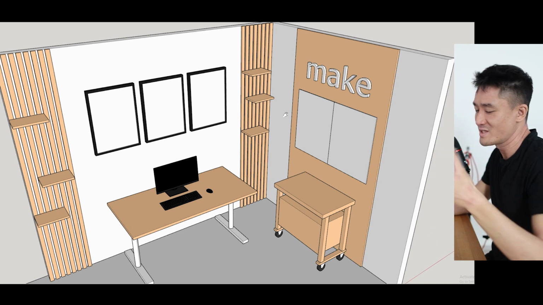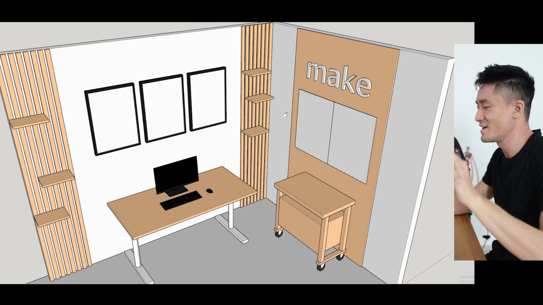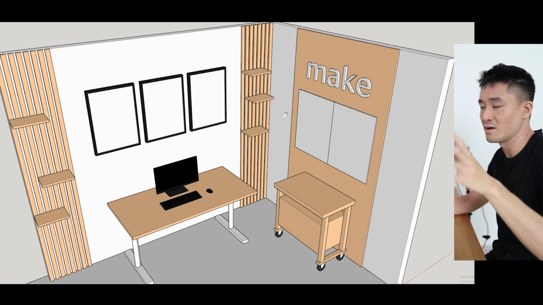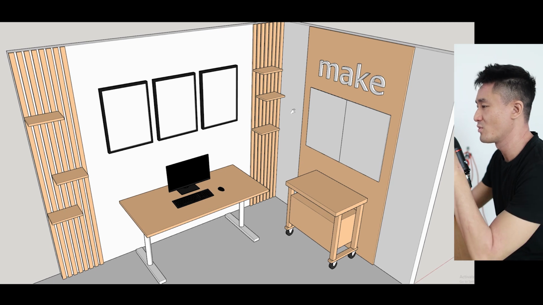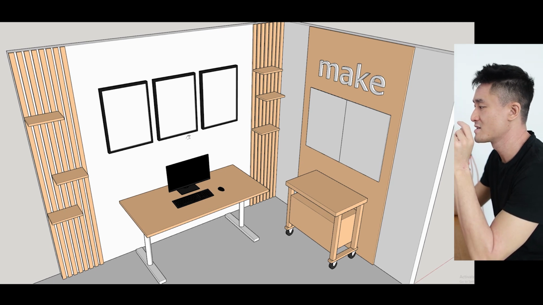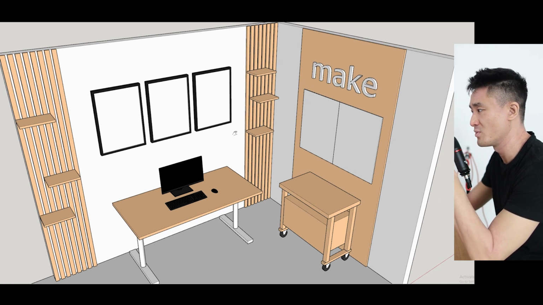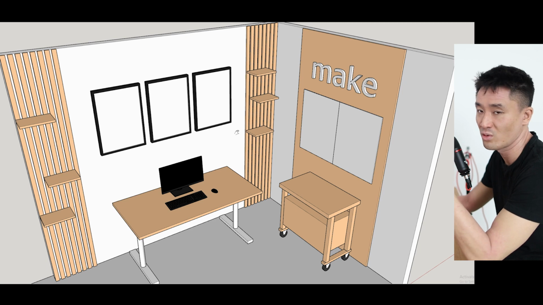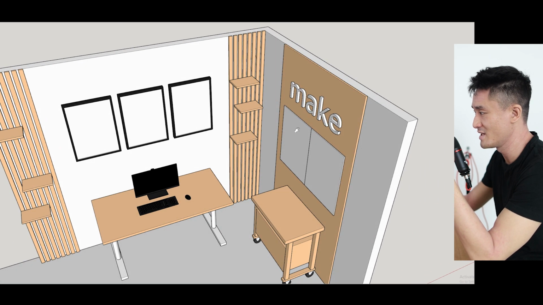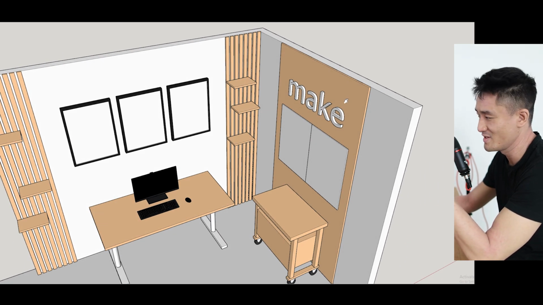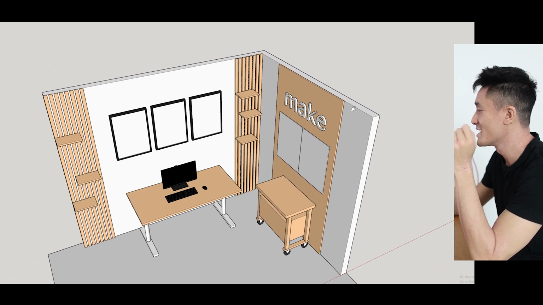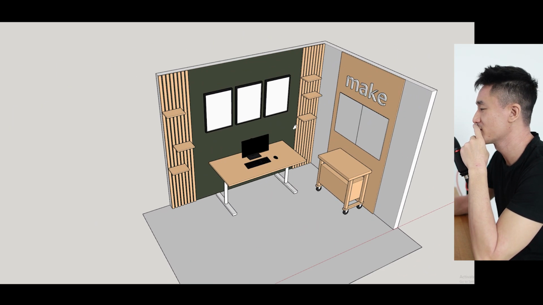It's always easy to draw it in the computer or make some 3D models, but when you actually go with the right measurements, it's way more accurate, and then it's also easier for me to think about how it's gonna be all constructed, because obviously this wooden wall can't just be stuck to the wall like this.